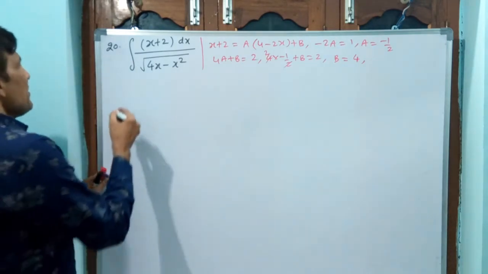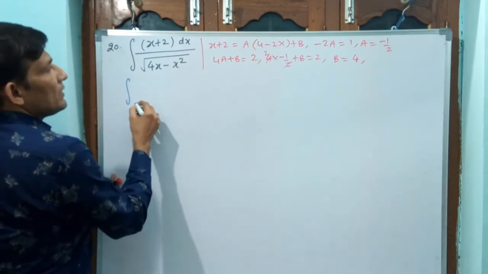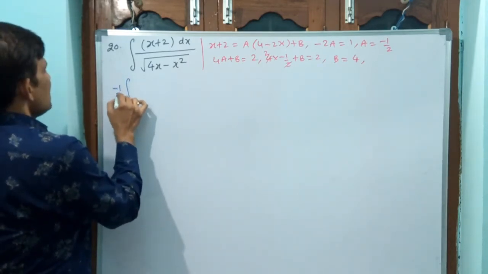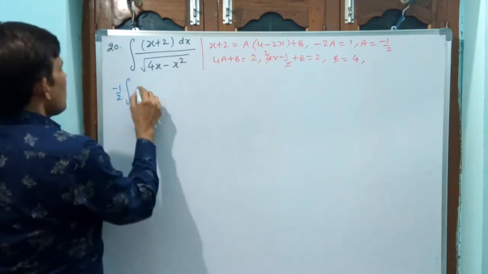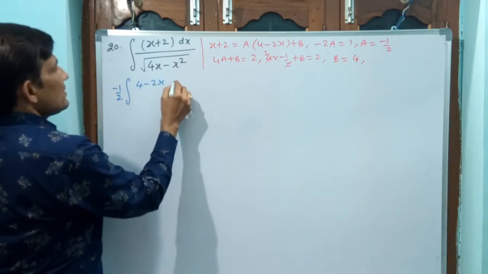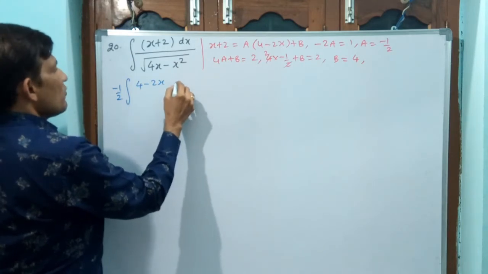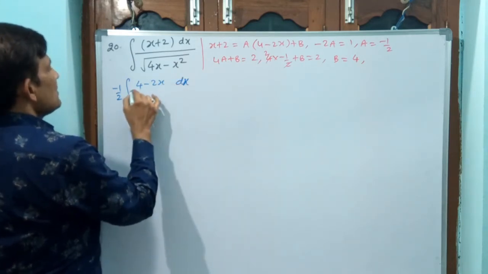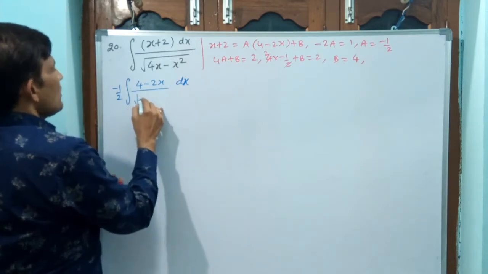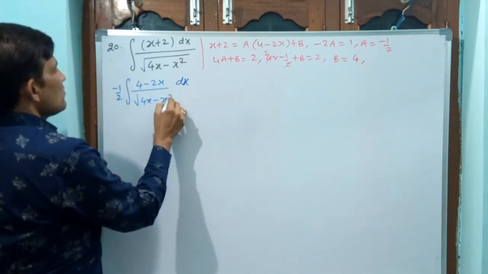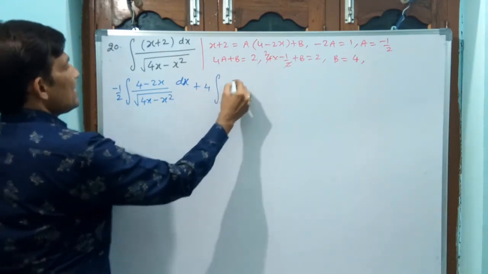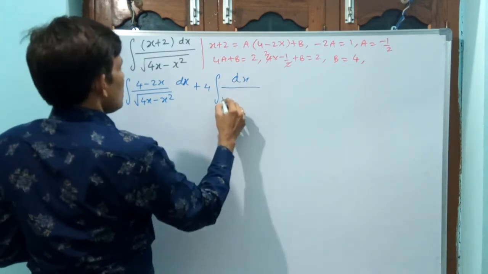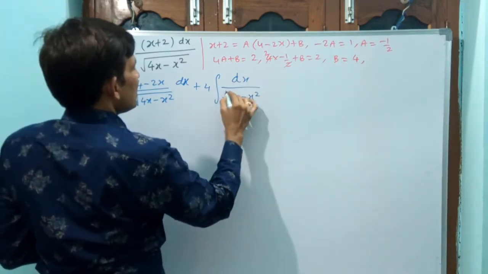Then you rewrite the statement. You see how I am rewriting this. Integral, now a is how much? Minus 1 by 2, and this is 4 minus 2x dx by square root of 4x minus x square, and b is 4, plus 4 integral dx by square root of 4x minus x square.